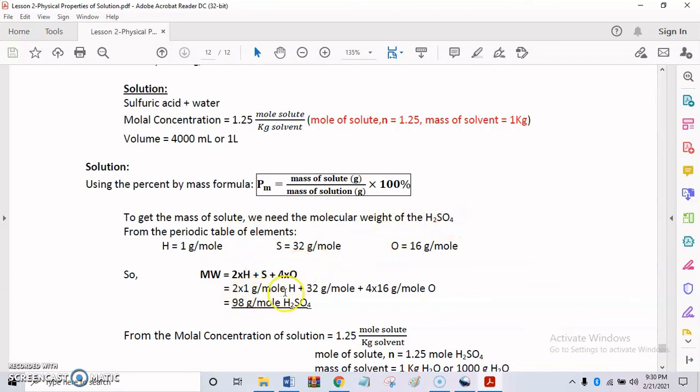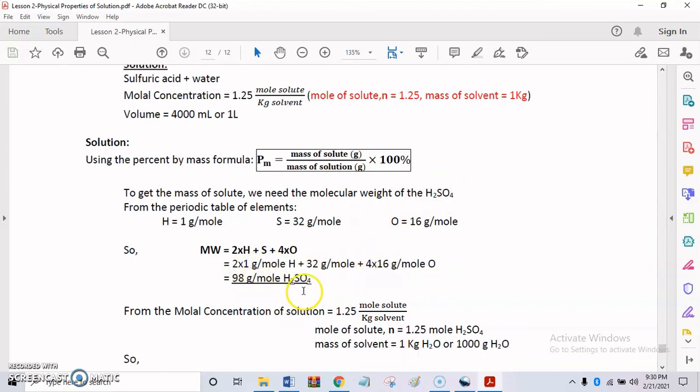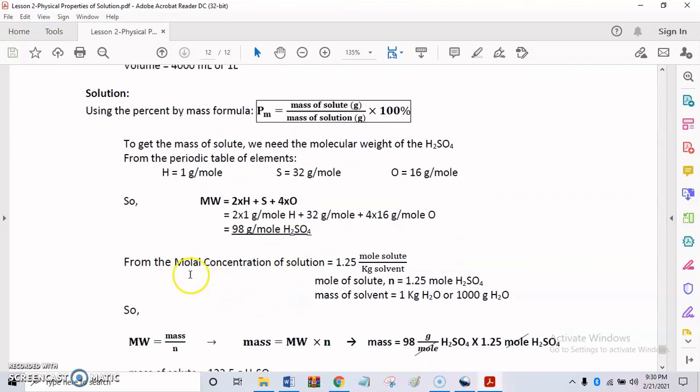So 2 times 1 plus 32 plus 4 times 16 equals 98 gram per mole H2SO4. From the molal concentration of solution, which is 1.25 mole solute over kilogram solvent, the mole of solute N is 1.25 mole H2SO4, and the mass of solvent is 1 kilogram water or 1000 gram water.